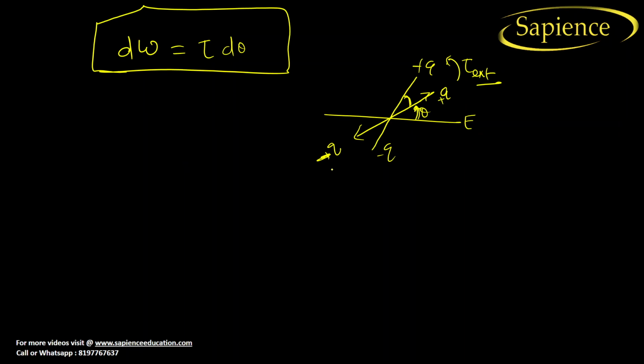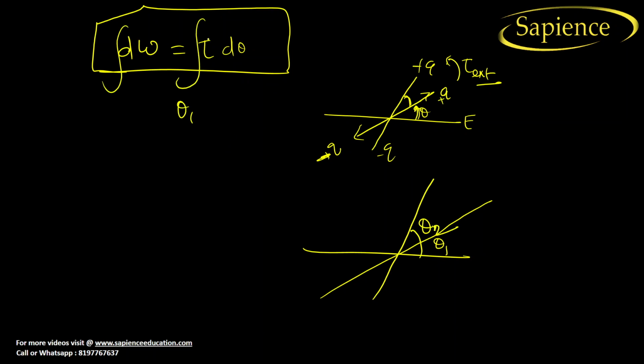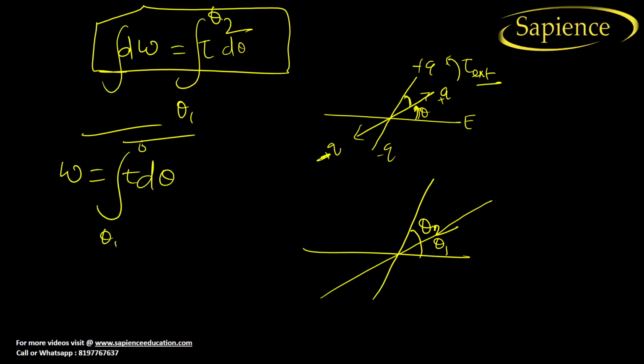And when we move any dipole from the position theta 1 to theta 2, what will be the work done? We need to integrate from theta 1 to theta 2, and if you integrate this, you will get the total work done. Total work done is equal to the integral of tau into d theta from theta 1 to theta 2.